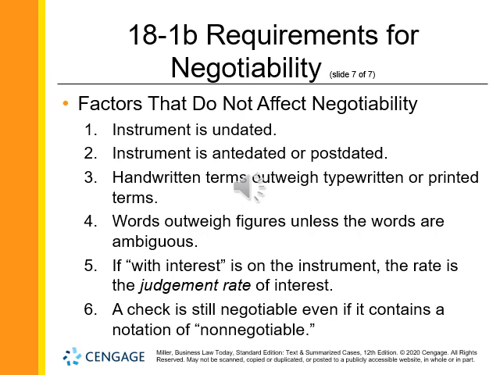Whether or not the instrument is post-dated or antedated is not going to affect its negotiability. Handwritten terms on an instrument are going to outweigh typewritten terms, if you still find those. And typewritten terms are going to outweigh printed terms.